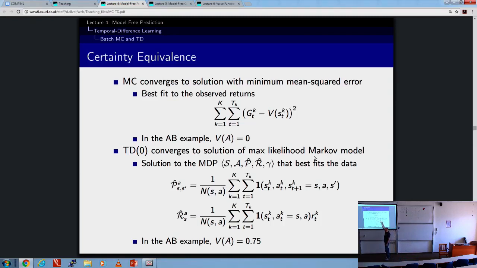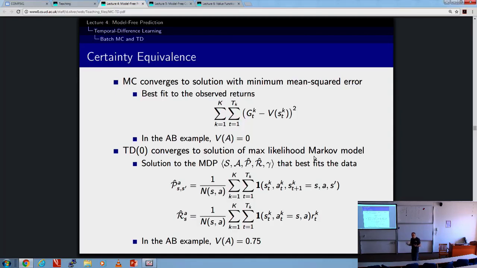It's trying to minimize the least squared error between the GTs that you have observed and the V's that you have assigned. Whereas the TD algorithm converges to the best Markov model solution. So there is actually a Markov diagram you can draw from the solution of the TD algorithm. There may not be for the solution of the MC algorithm.